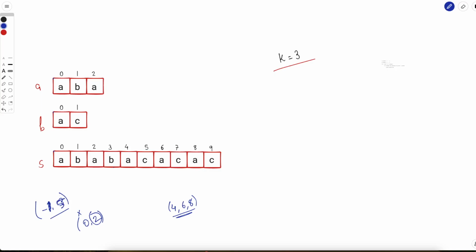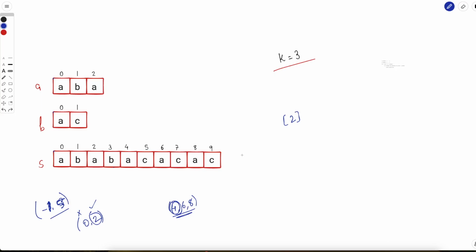So this time the answer is yes, because there is a matching starting character 4 which lies between -1 and 5. So hence 2 is a beautiful index. So the answer to this entire problem will be an array which only contains 2, because 2 is the only one which is a beautiful index, right? So this is exactly what the brute force solution would look like.